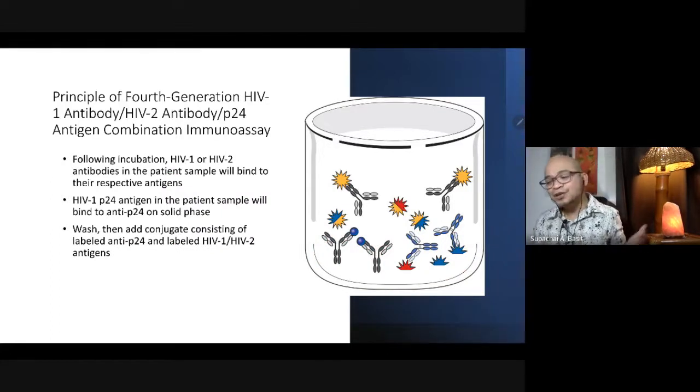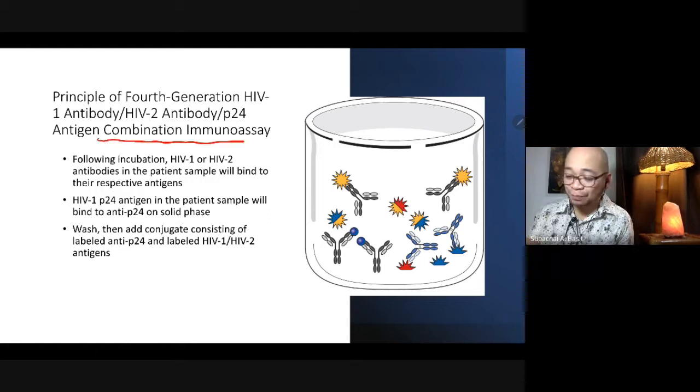Following incubation, HIV-1 or HIV-2 antibodies in the patient sample will bind to the respective antigen if the patient is positive. HIV P24 antigen in the patient sample will bind to the anti-P24 on the solid phase. So remember, this is a combination immunoassay.